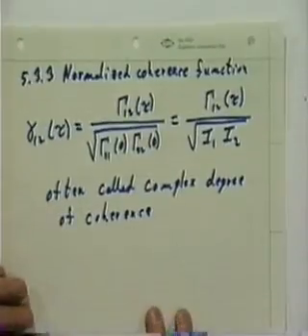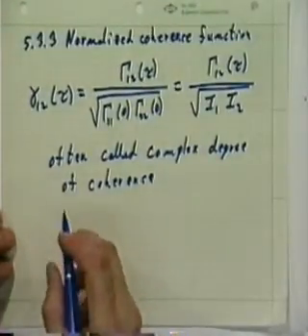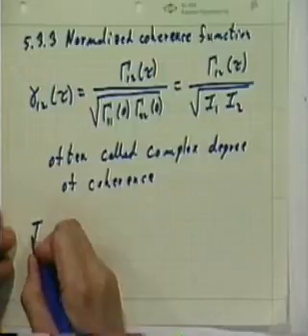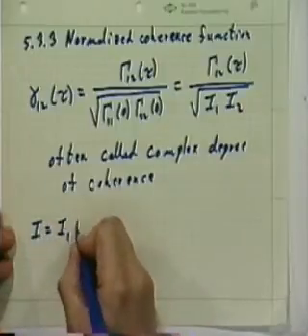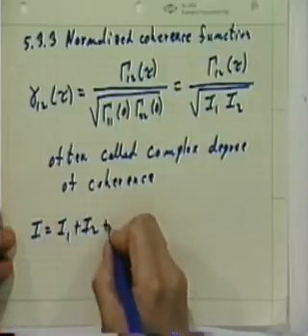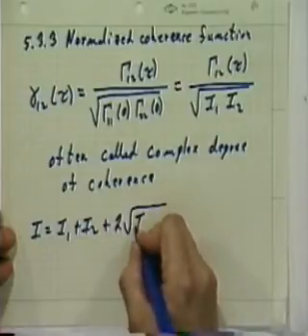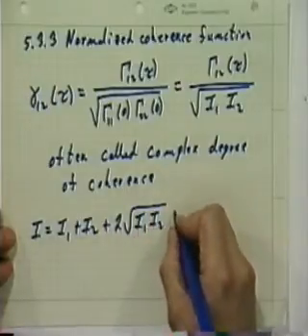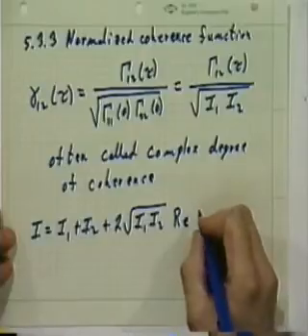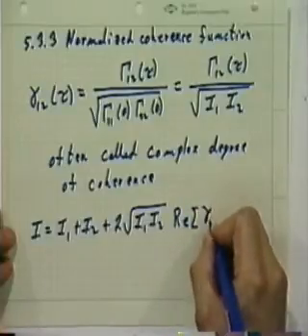Okay, so now we can go back to our expression for the irradiance: I1 plus I2 plus 2 times the square root of I1, I2 times the real part of gamma 1/2 of tau.